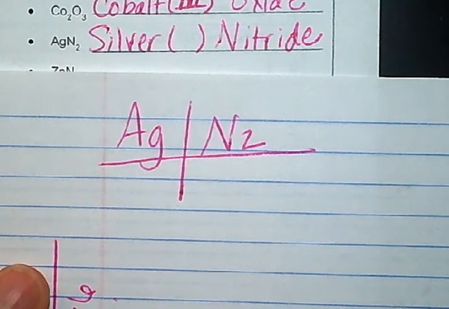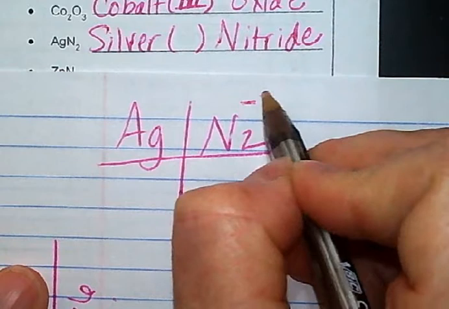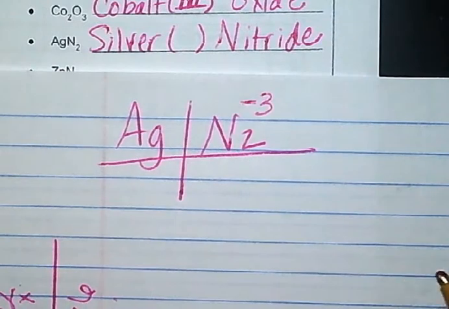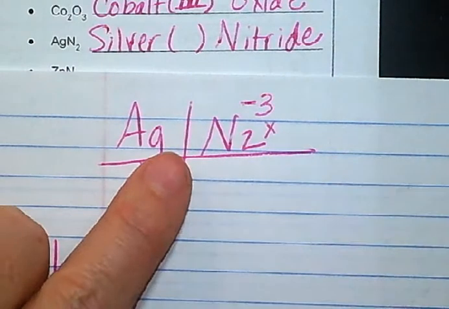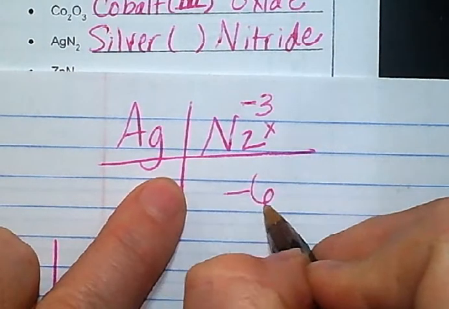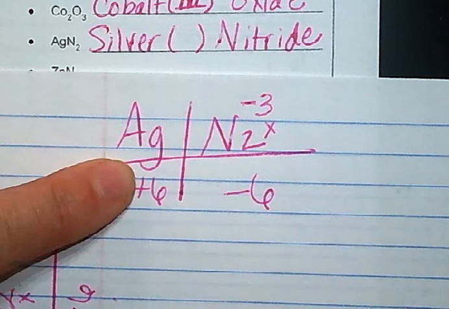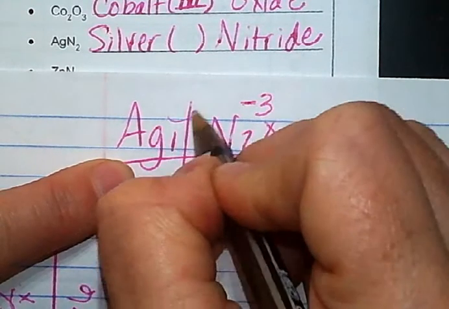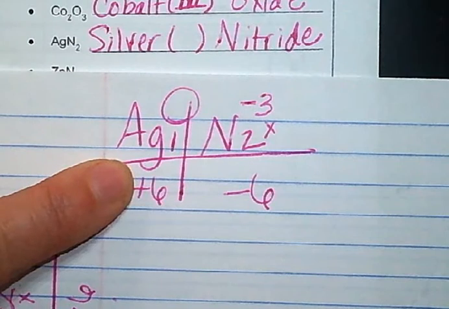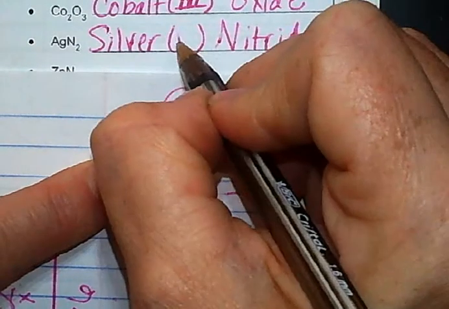What is it? -3, right? Nitrogen is in group 15. So it's a -3. So -3 times 2 is? -6. So this has to be +6. How many silvers do I have? So what does that number have to be? 6. It has to be 6. Good. So 6 is your Roman numeral VI.